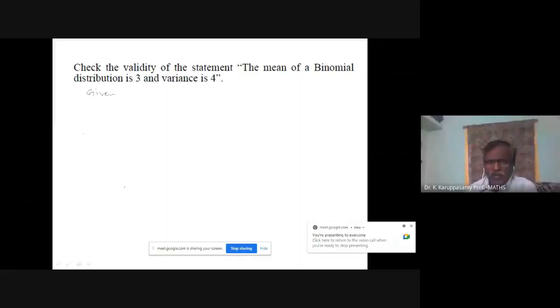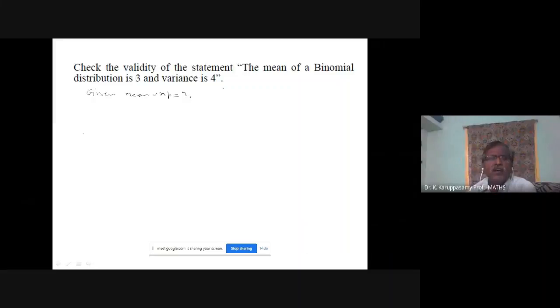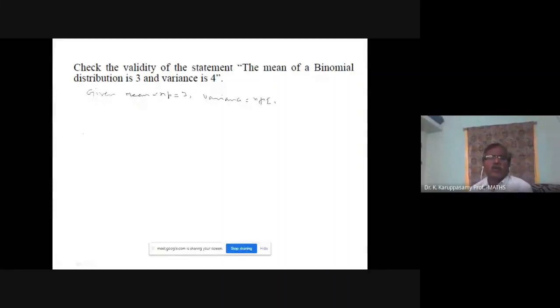What is given is mean and variance. Mean formula NP, NP is equal to 3. Variance formula NPQ, NPQ value is 4. So NP given, NPQ given.